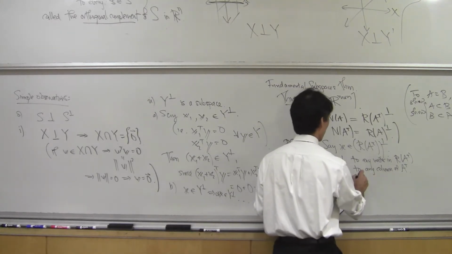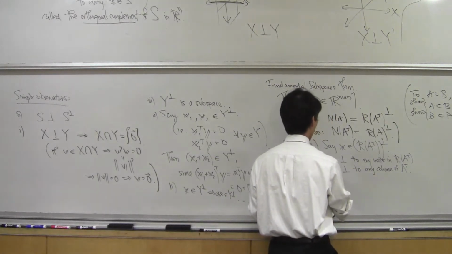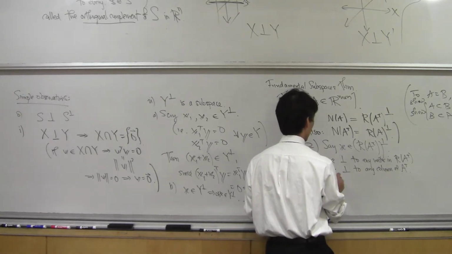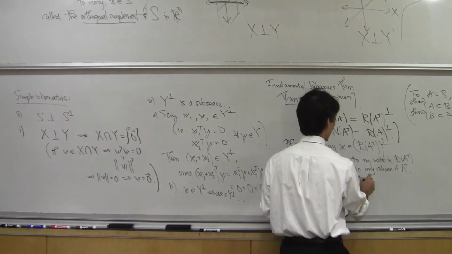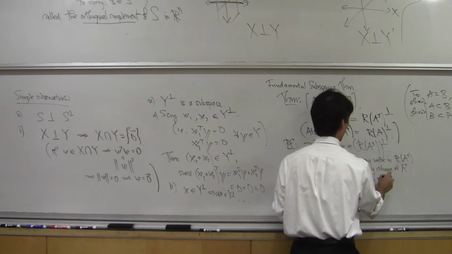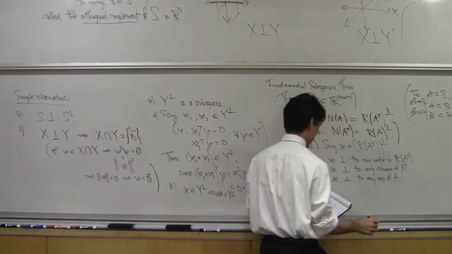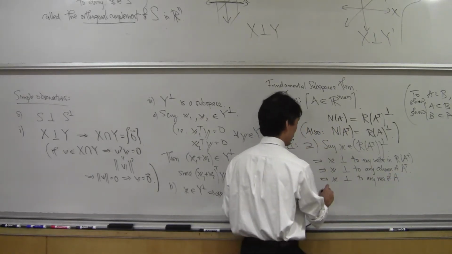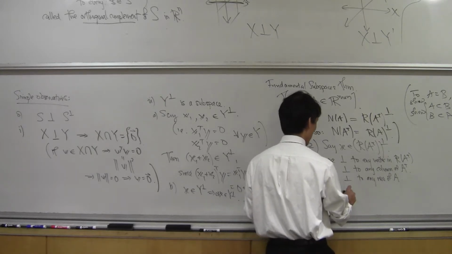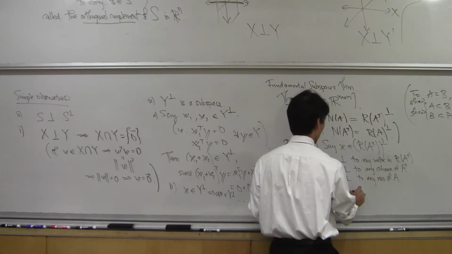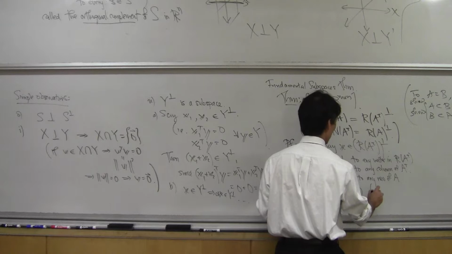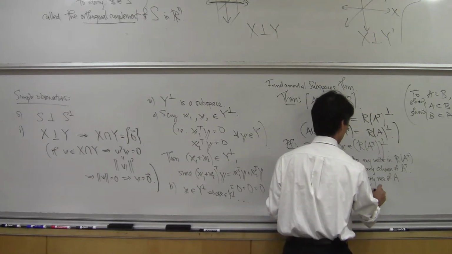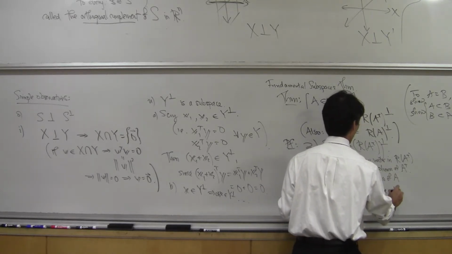But that means it's perpendicular to any row of A, but that forces AX to be 0. In other words, X is in the null space of A.